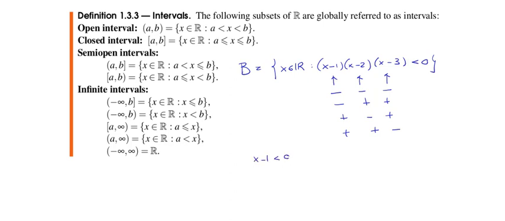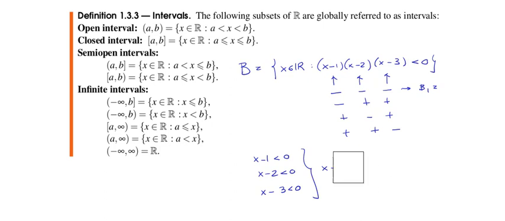In the first one, x minus 1 is smaller than 0, x minus 2 is smaller than 0, and x minus 3 is smaller than 0. Sorry, I made a mistake.